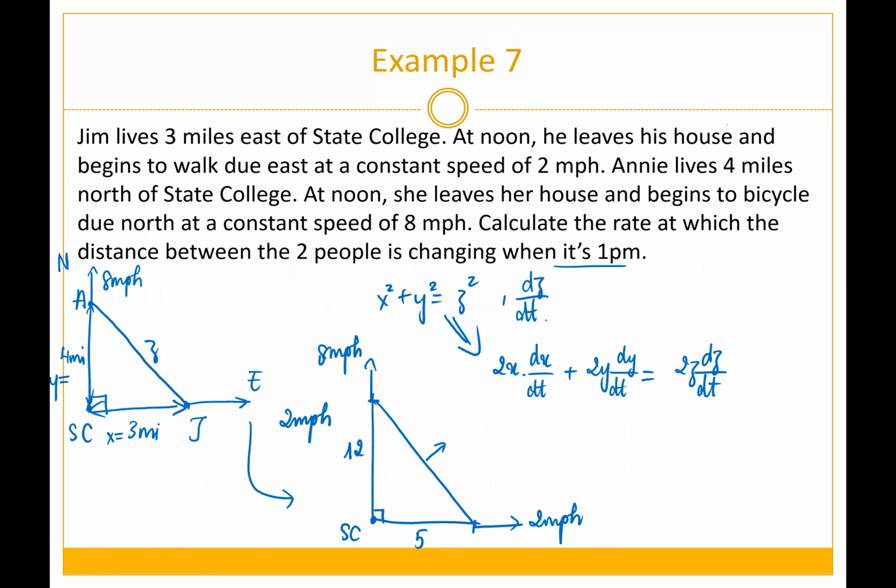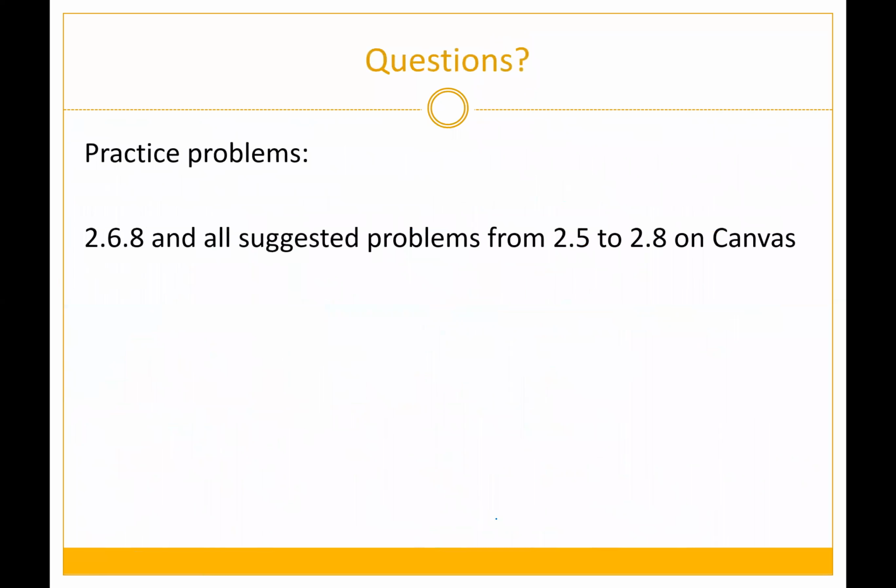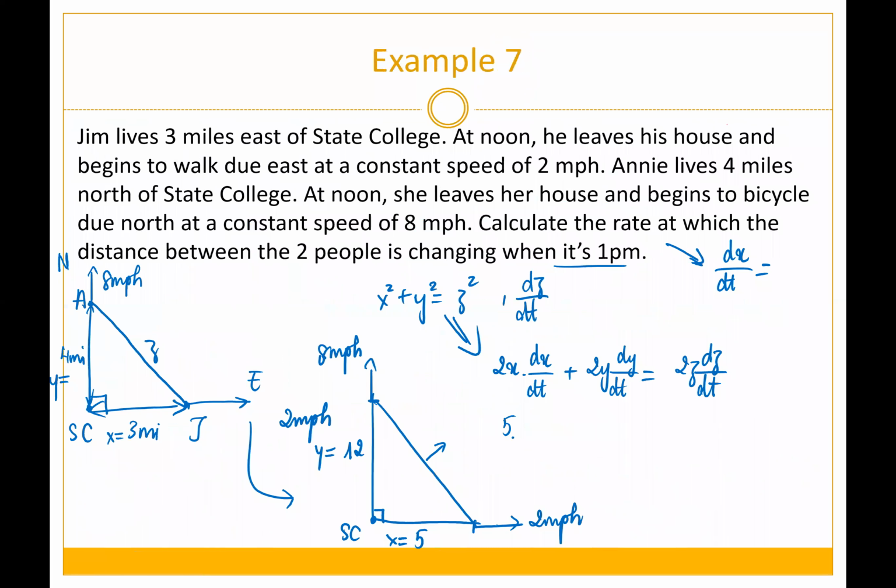We delete the 2, and at this point, 1 p.m., x is 5, y is 12. So you have 5 dx over dt. Let's see what's given here as well. dx over dt is increasing because it's increasing the value of x, so it's going to be plus 2. dy over dt is going to be 8.